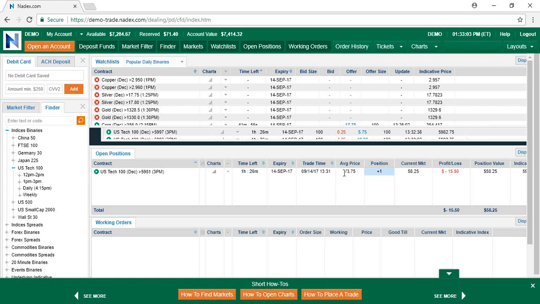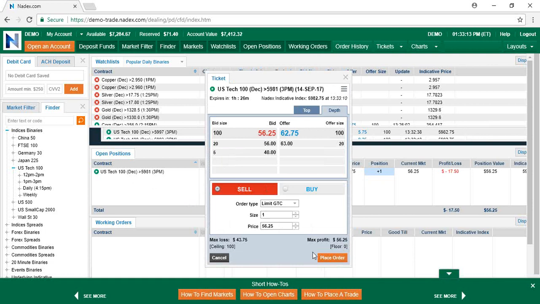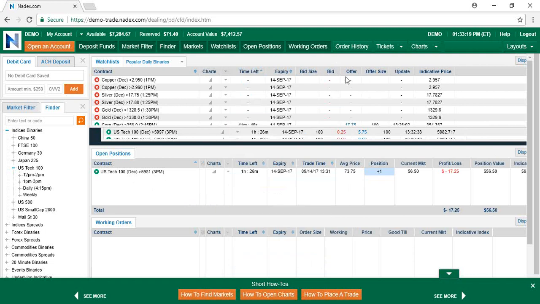No. If I bought it for 73 and now it's worth 60 and 50 and 40 and 30, what can I do? I can just exit early and manually get out. Okay, does that make sense? So either way, I can exit before expiration.